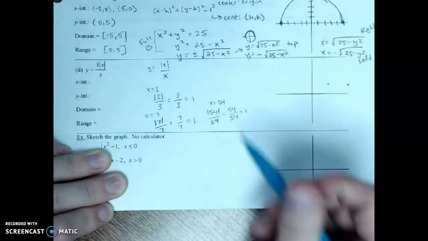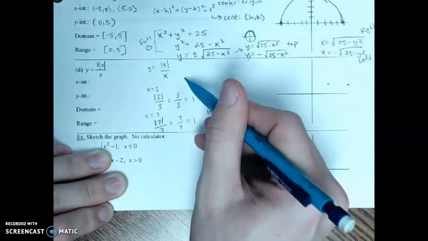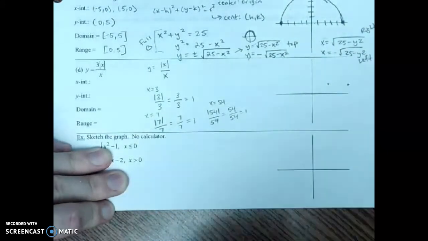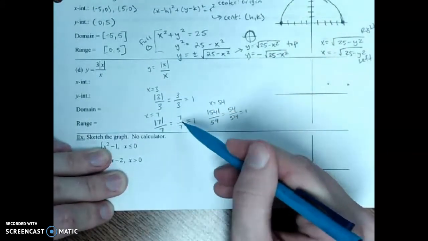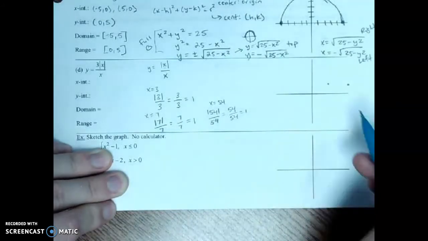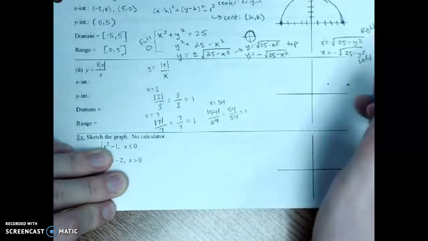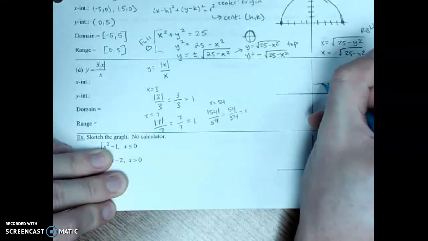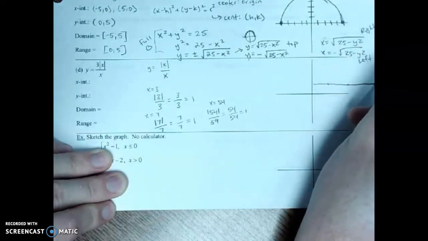Then you have some number on the top and that same matching number on the bottom, like 3 over 3 or 7 over 7 or 54 over 54, and that ratio is always going to give you 1. So for any positive x value, the function gives you an output of 1.